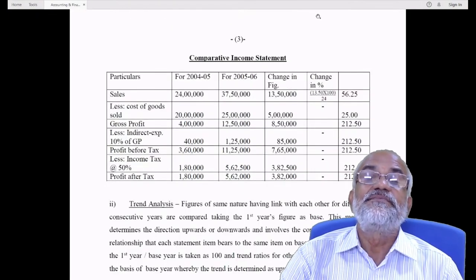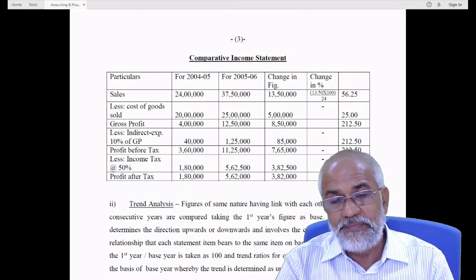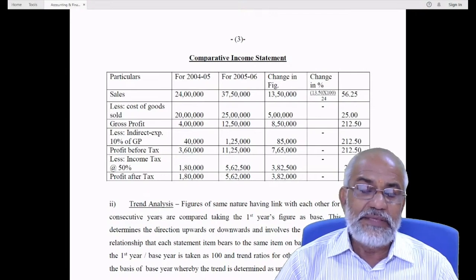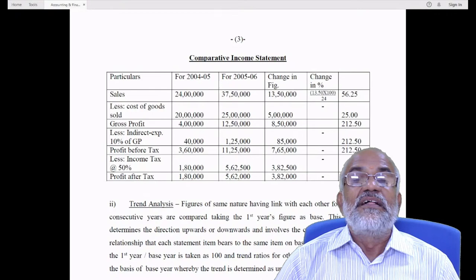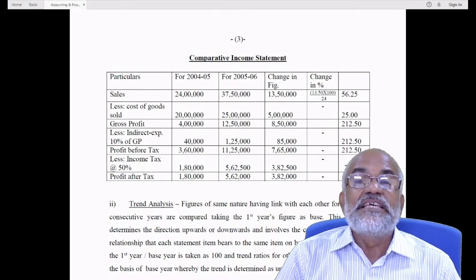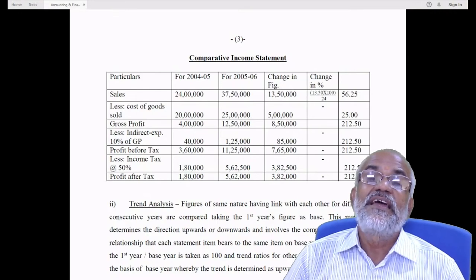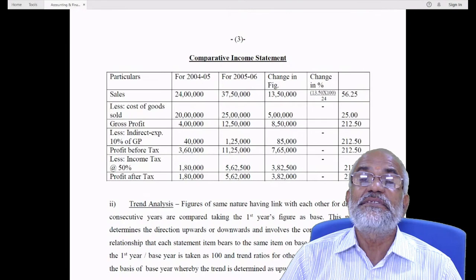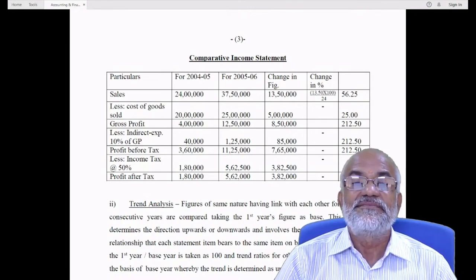Accordingly, we can make a comparative income statement analysis. When comparative income statement analysis is taken into consideration, there are sales in the year 2004-05, it was 24 lakhs, and in the next year 2005-06 it is 37 lakhs 50,000. So change in figure is 13 lakhs 50,000 increase.